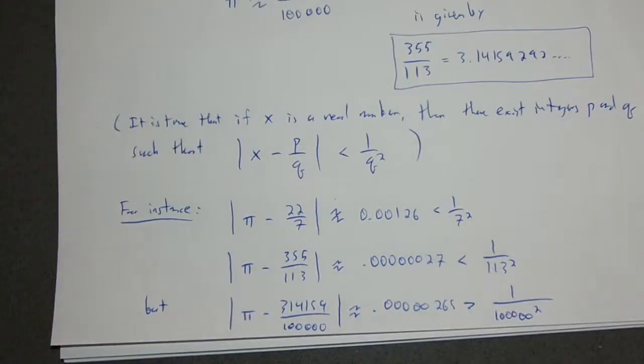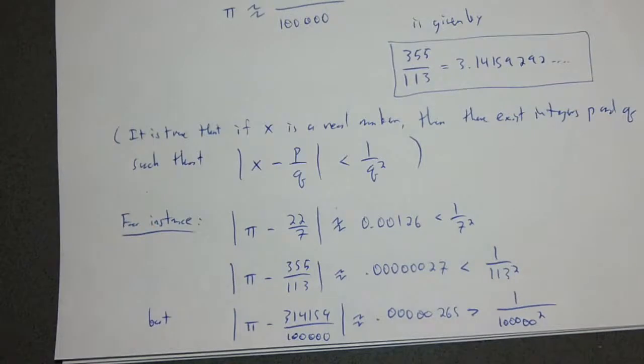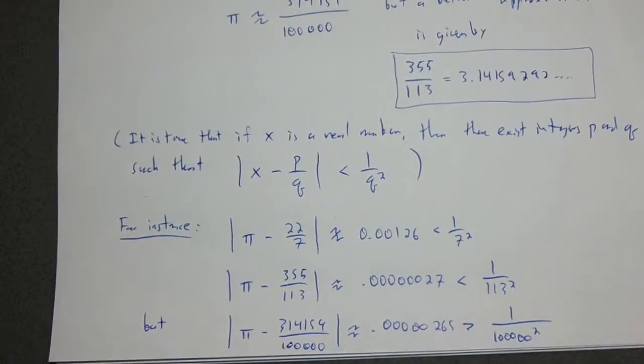So we would consider this not as good of an approximation as these two in that sense. I know that might seem a little bit counterintuitive, but that's the idea.